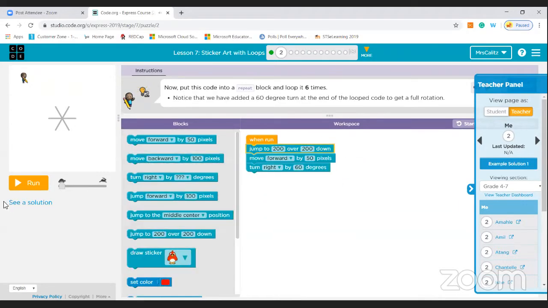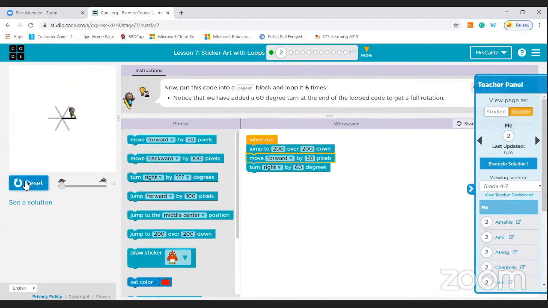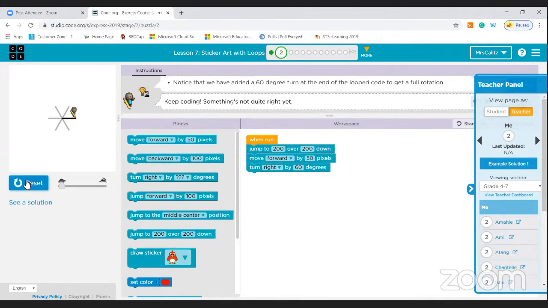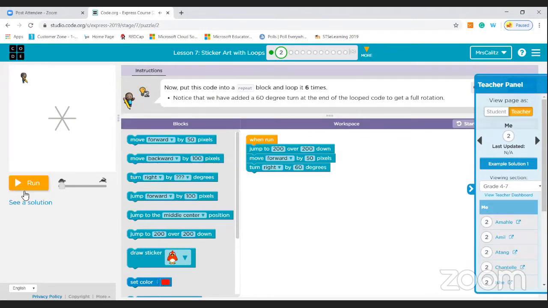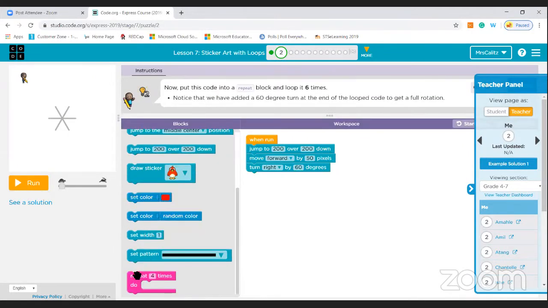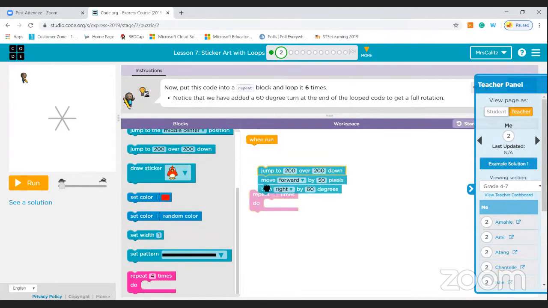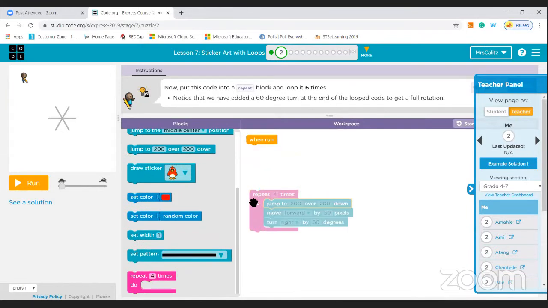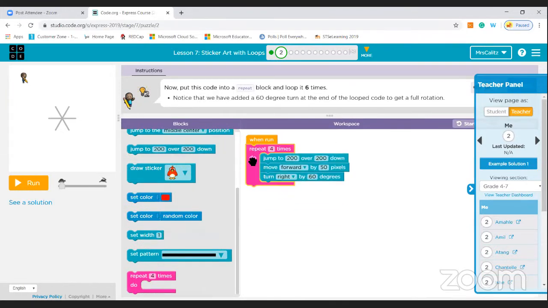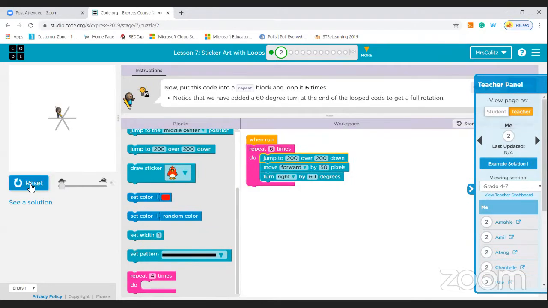So let's run the code now to see what happens. Oops. Who's going to help me, guys? To put it in a loop, yes. And then we need to repeat it how many times? 6 times, yes. Let's see.